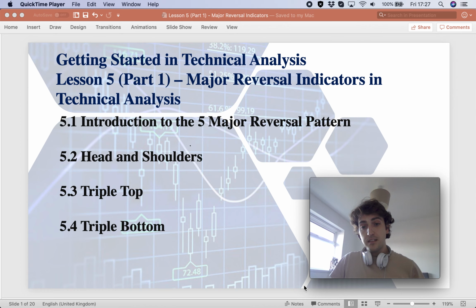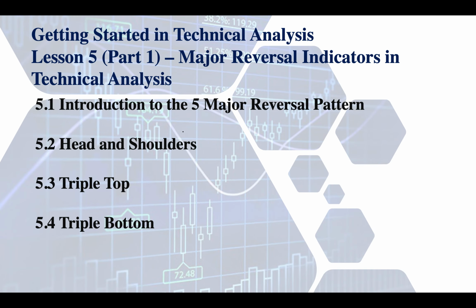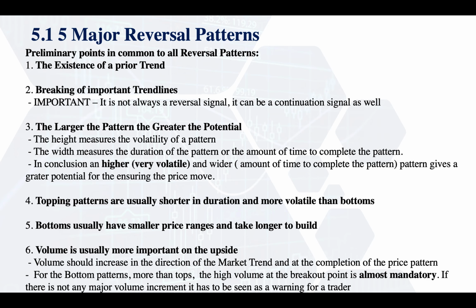Let's get into it. Let's start the presentation, and first of all, just as a recap, what we saw last time was that all those major reversal patterns must have, or it's better if they have, those 6 points. Before a reversal pattern there has to be a trend.